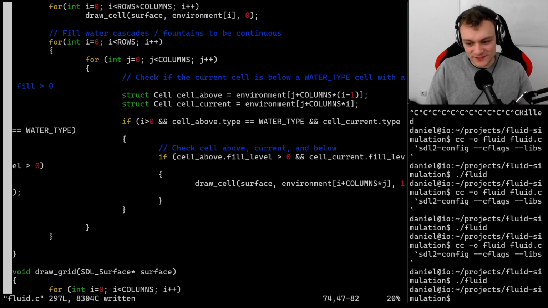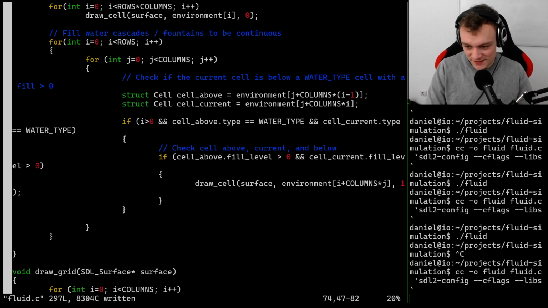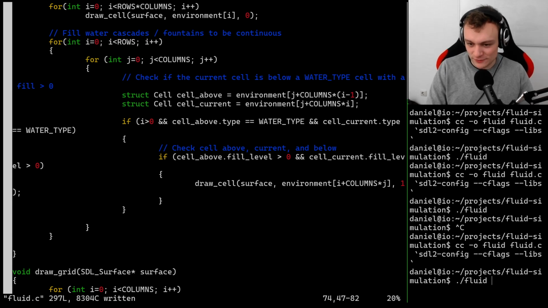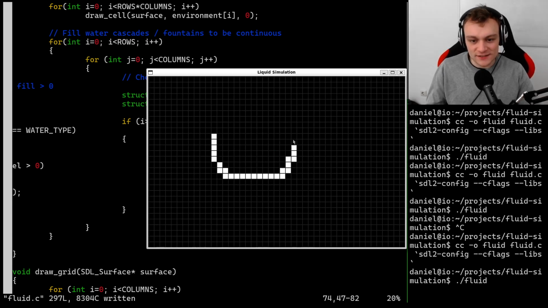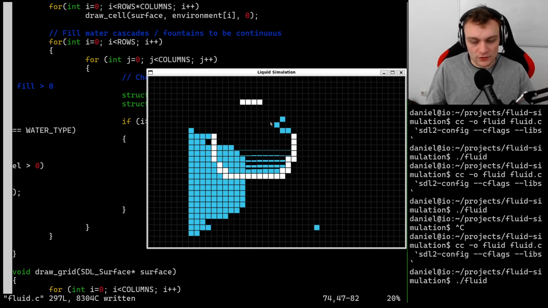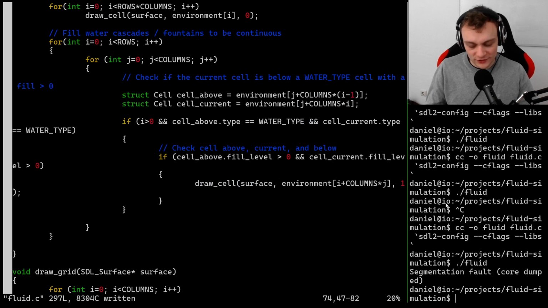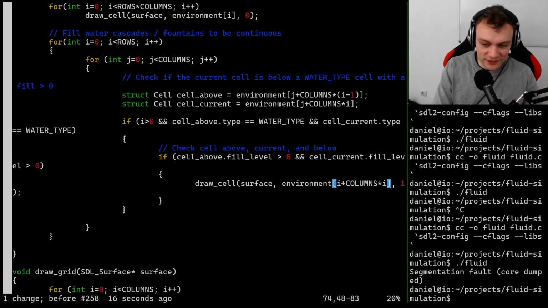For some reason, I have the impression that this is an error that has to do something with these indices. No, okay, good. It's not an error related to that.